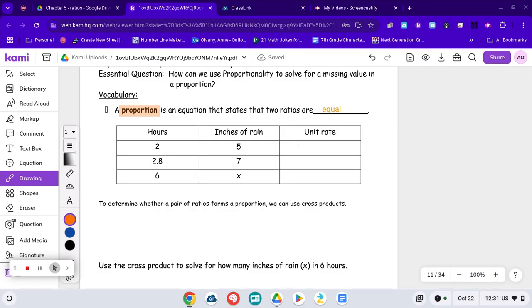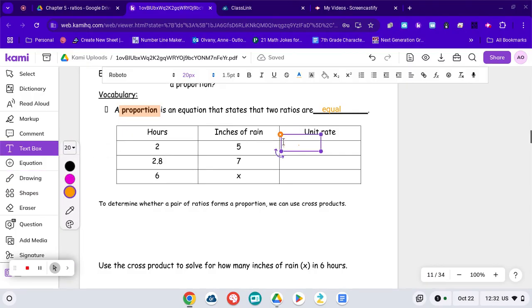Do you think you want to know how many hours it takes for 1 inch of rain to fall? Or do you think you want to know how many inches of rain fall in 1 hour? Just logically, what makes more sense?